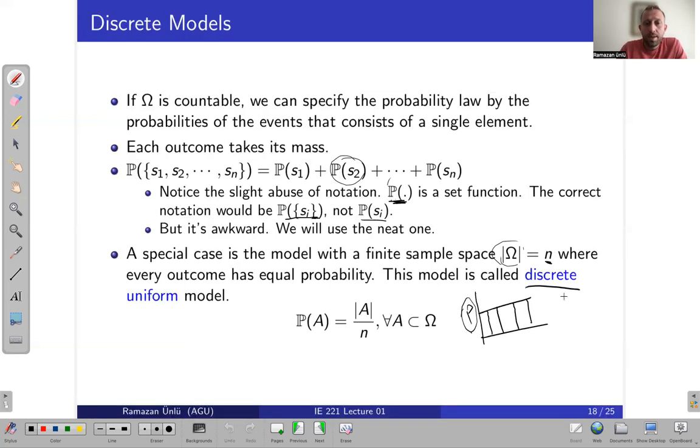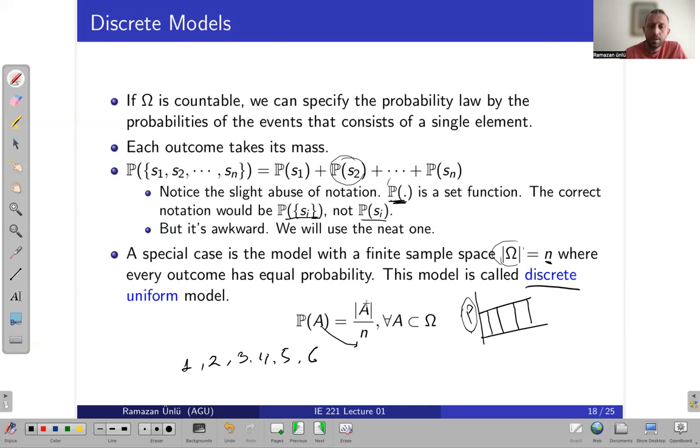In this case, I can simply calculate the probability of an event as the cardinality of A divided by n. Let me give you some examples so you can understand it better. Let's take the die example again. The possible outcomes are 1, 2, 3, 4, 5, and 6, right? And let's say A is getting a 2.